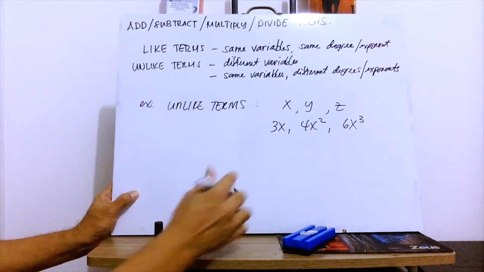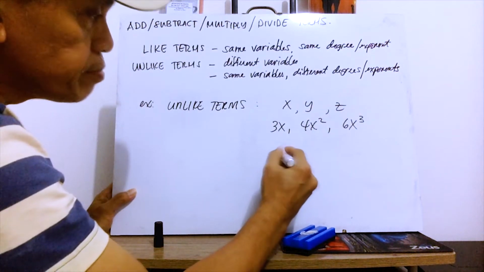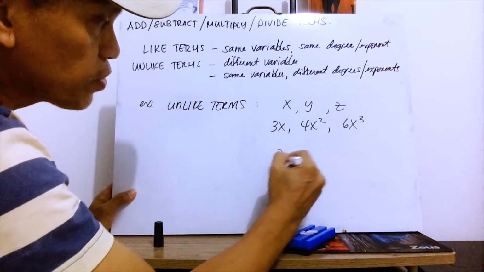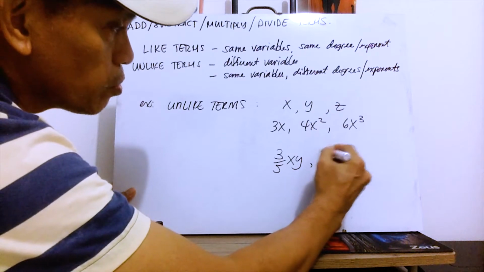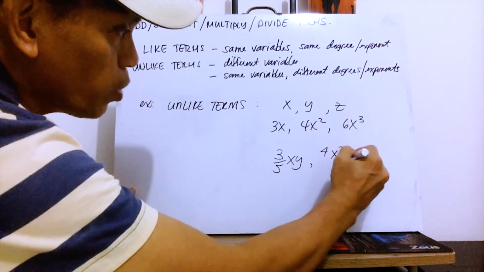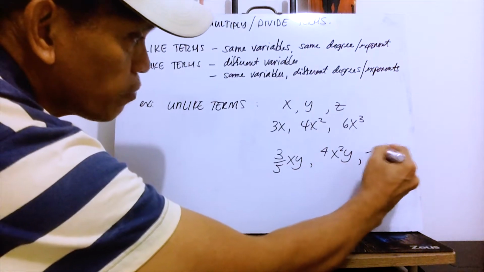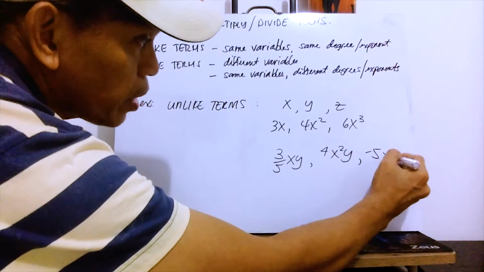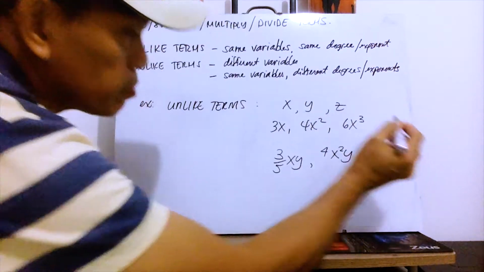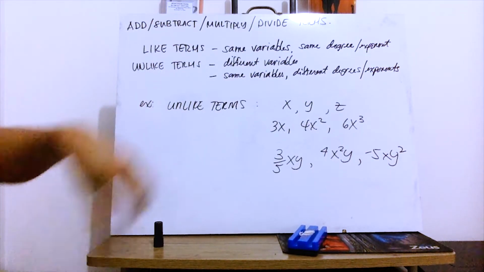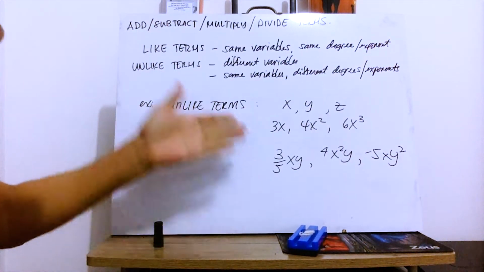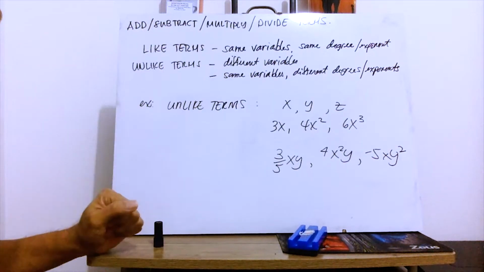Those things. 3/5 of xy, 4x squared y, negative 5xy squared. So those are unlike terms, and we can't combine them. We can just copy them when we add or subtract.